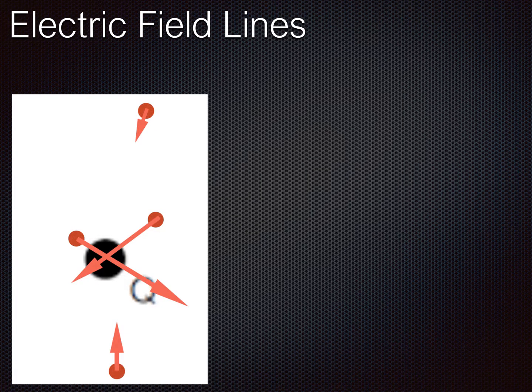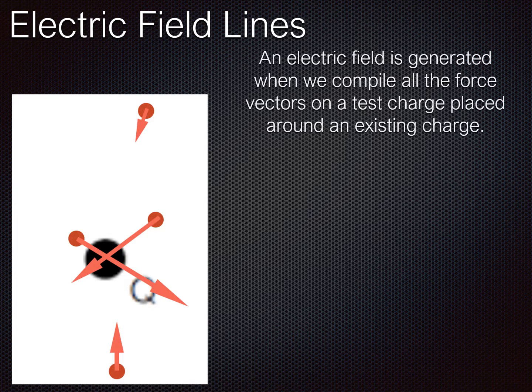Okay, so just a brief review. You remember that electric field lines come from when we compile all the force vectors that are on a test charge that are placed around an existing charge. We started with this central charge, this black one in the middle, and we started placing a bunch of little positive red test charges around that charge.